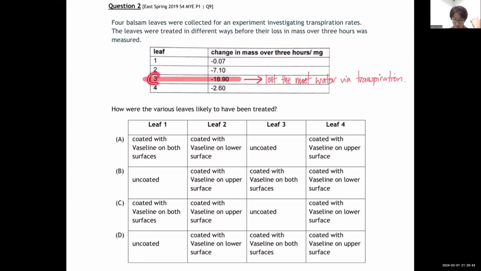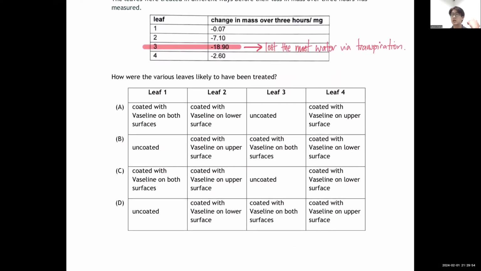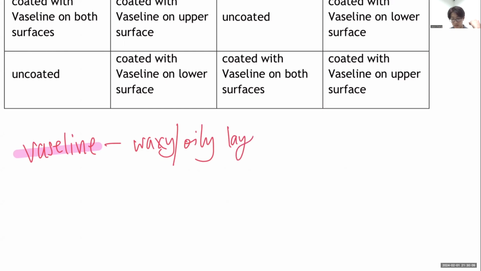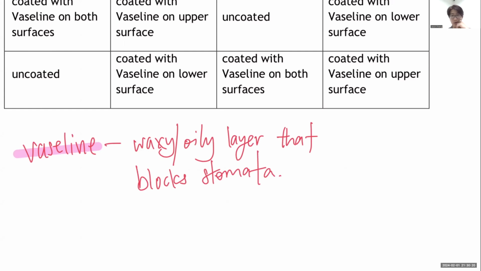Claudia, leaf 3 lost the most mass, means it lost the most water. What does the Vaseline do? Do you all know what Vaseline does? It's a waxy and oily layer that blocks the stomata.